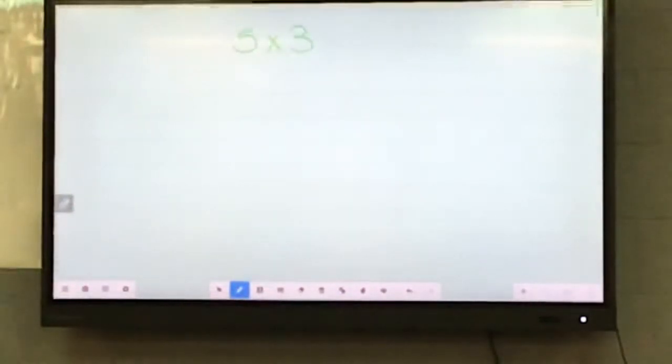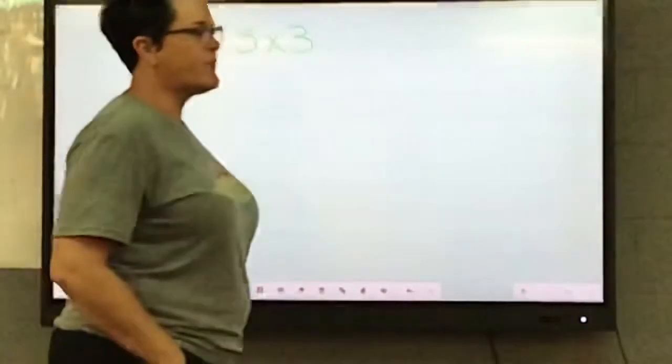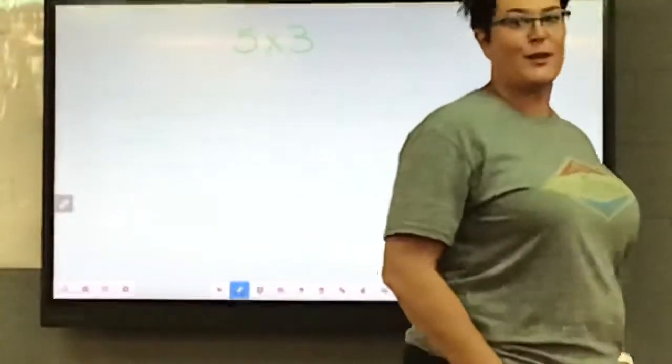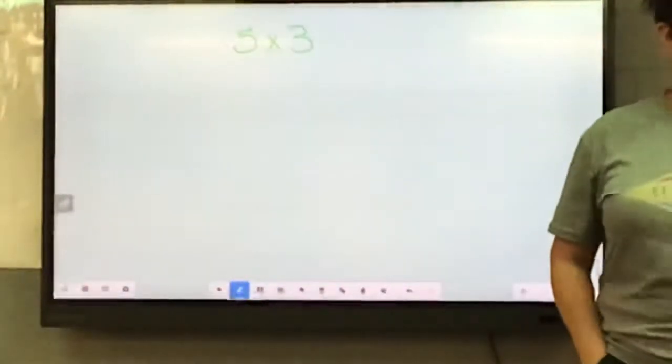Using your dry erase marker, write the repeated addition that goes with this array.